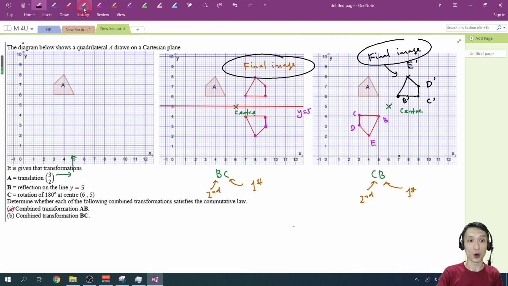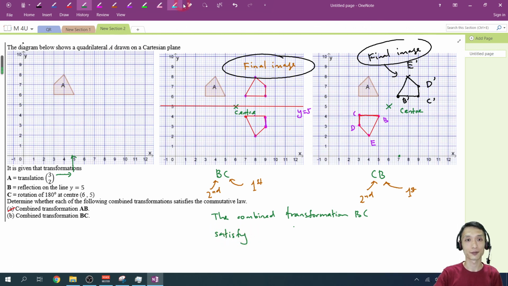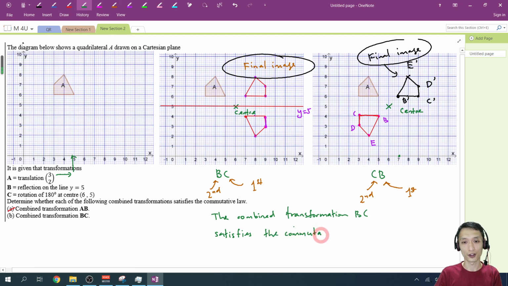From here, we can conclude that the combined transformation BC satisfies the commutative law.